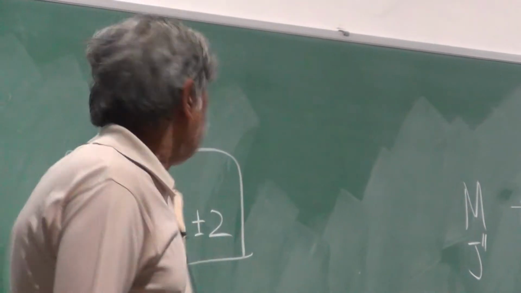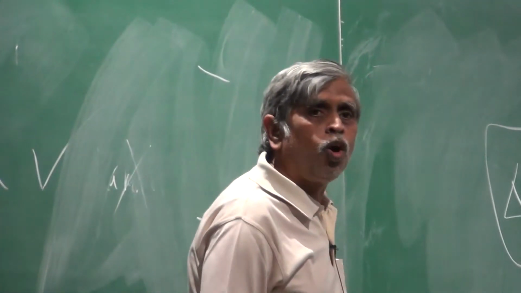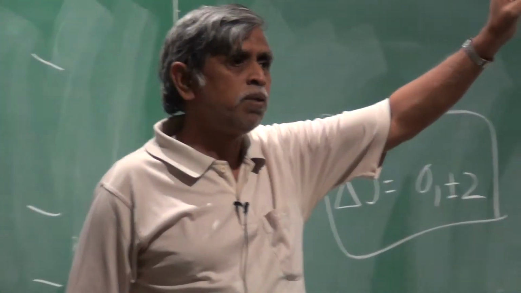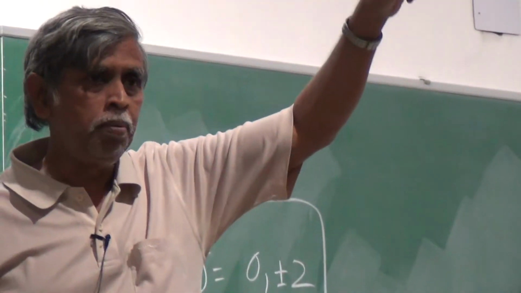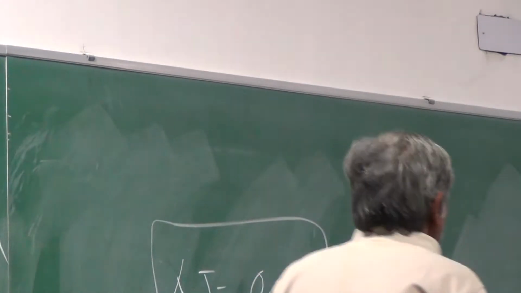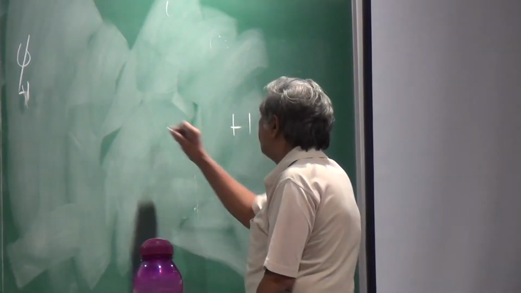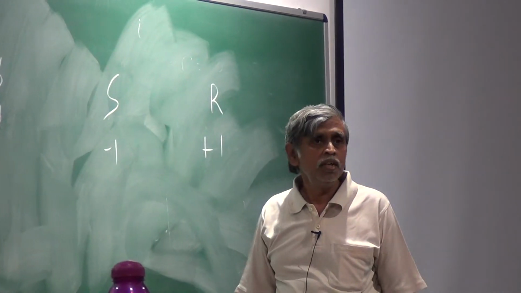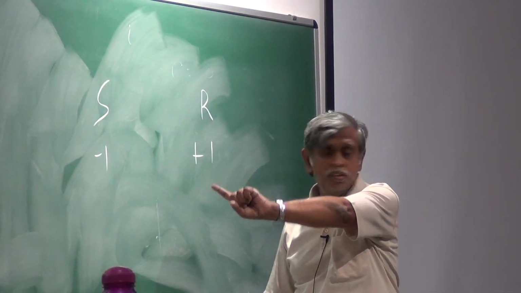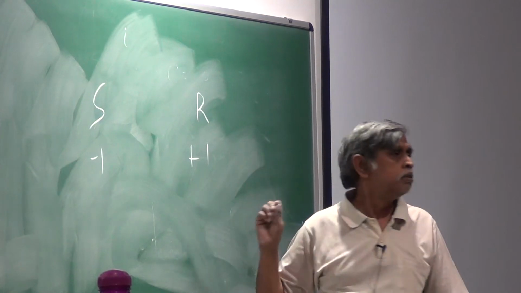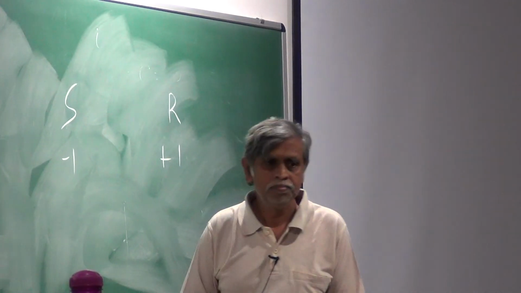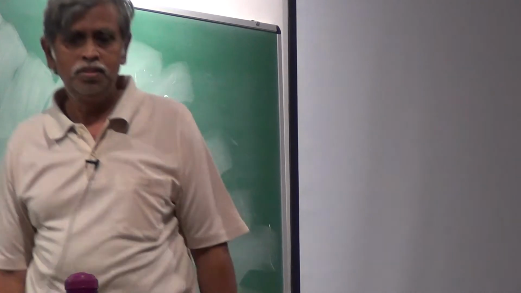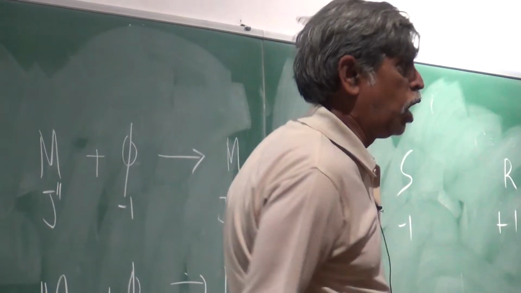What was the plus minus 1 branch called? If delta J was plus 1, R branch. And minus 1 was P branch. Now I have plus 2. We are getting to the S branch now.